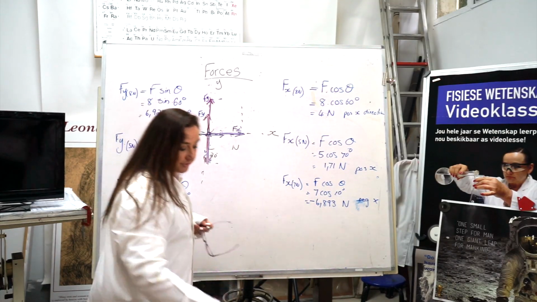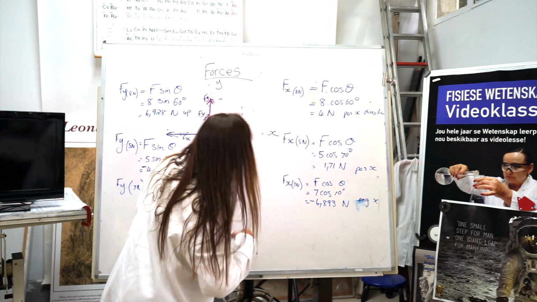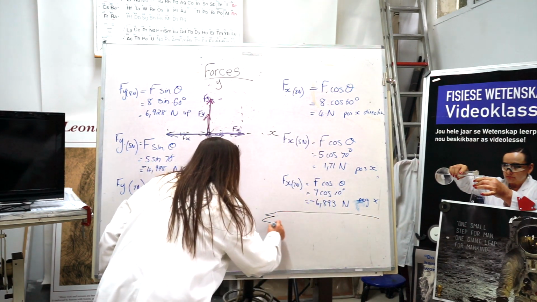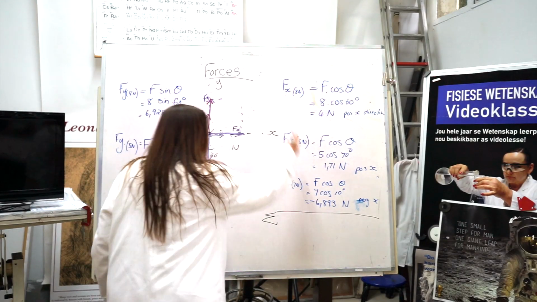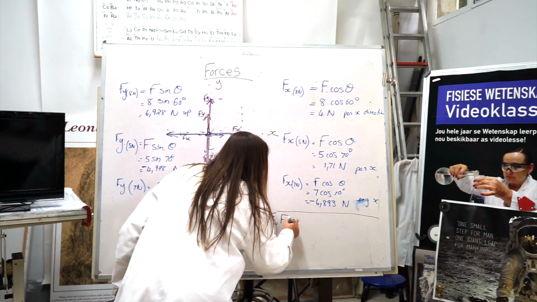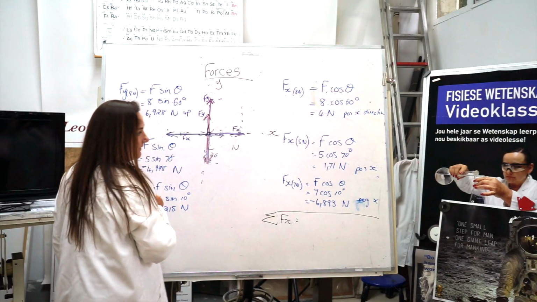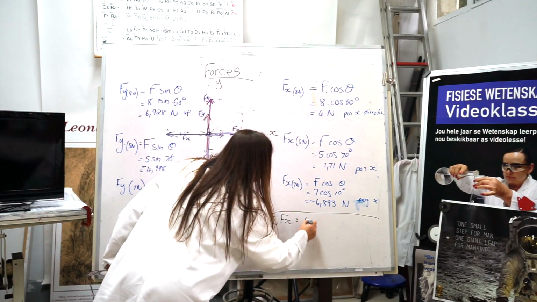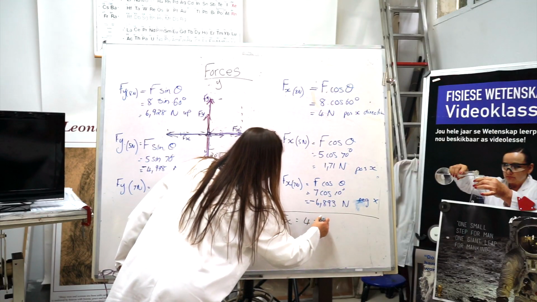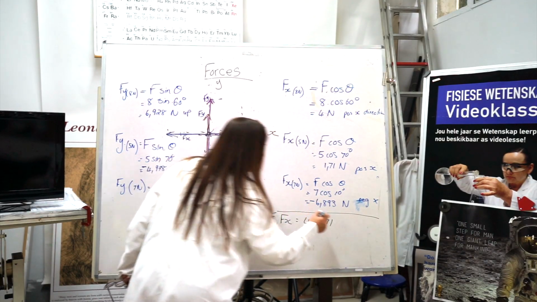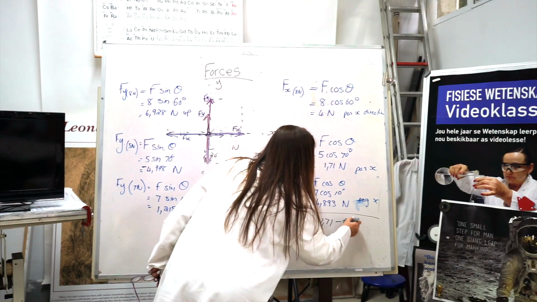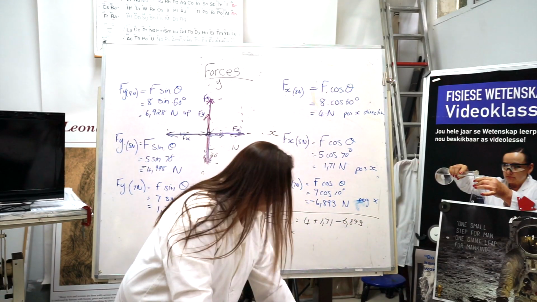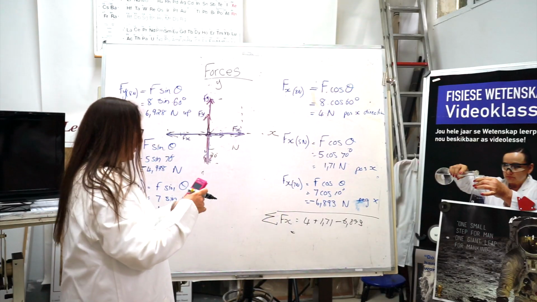So what I'm going to do now is to say, all right, what is the total sum of all my x components? And I'm just going to add them. So it's going to be plus 4 plus 1,71 minus 6,893, and that will give me just one x component.